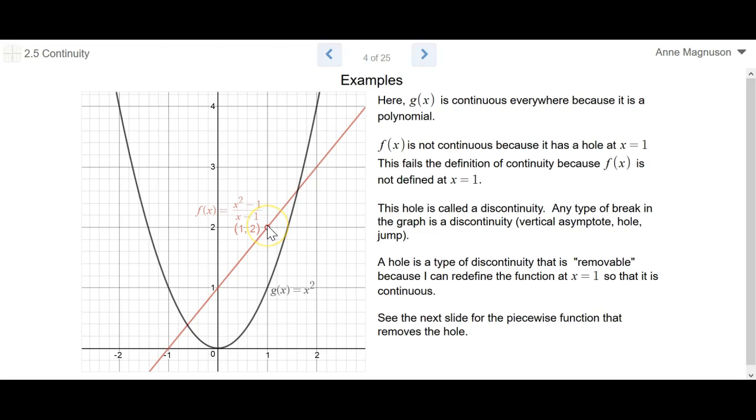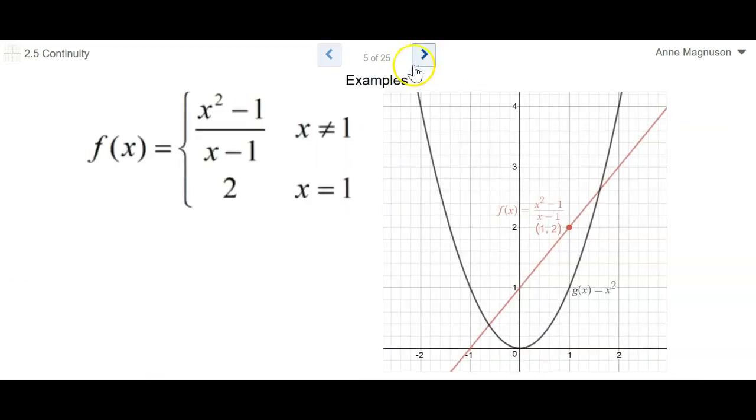I can define y to be equal to 2 with a piecewise function, and then I've removed the hole. Piecewise functions are handy things to use when you're talking about limits and continuity. I've said, okay, when x is 1, just make y 2. And now that hole's gone. So that's an example of a removable discontinuity. It's just a hole.